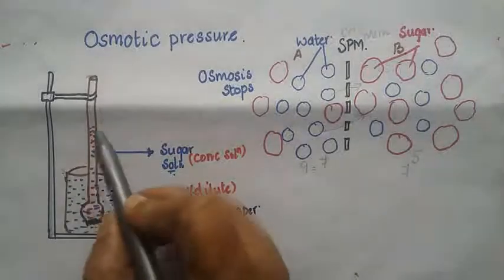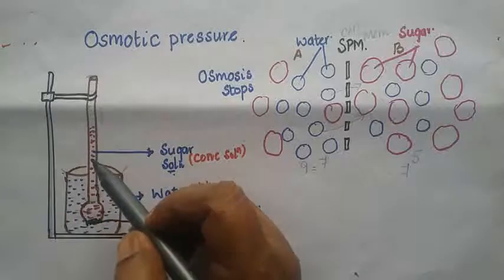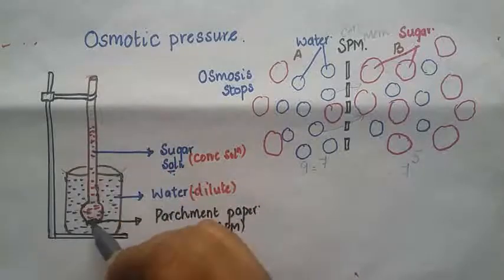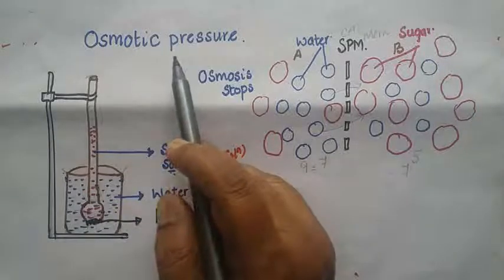It's because there is a pressure developed, a weight developed in the thistle funnel, which actually stops the osmosis. What do we call it? As an osmotic pressure.